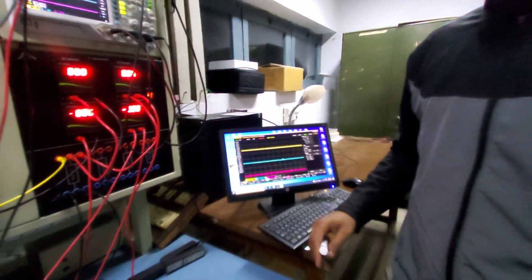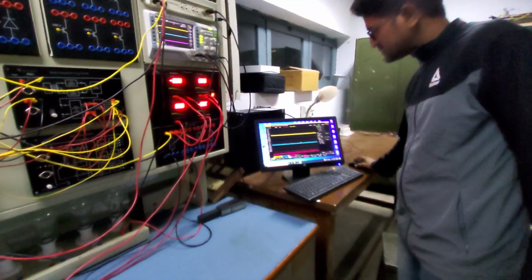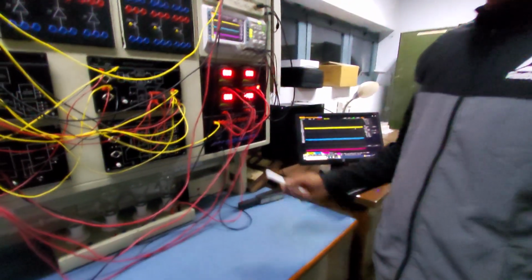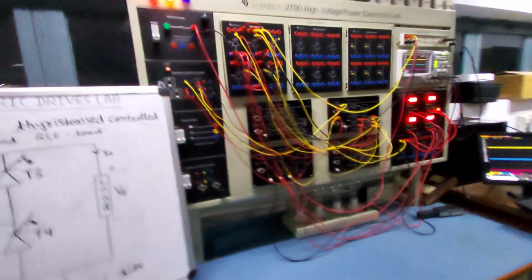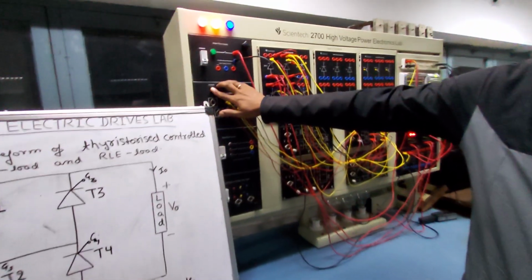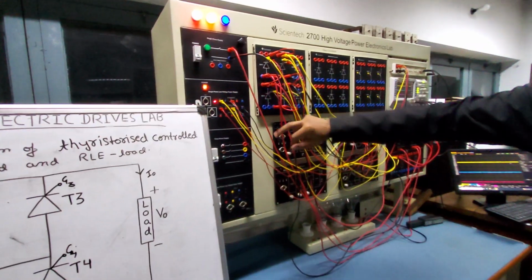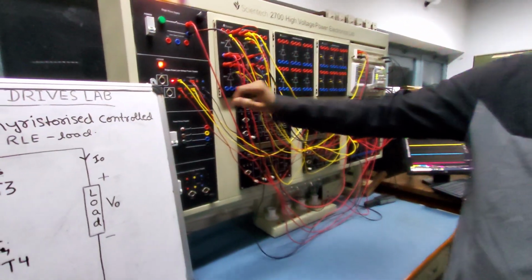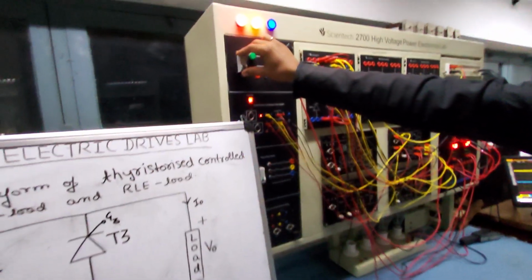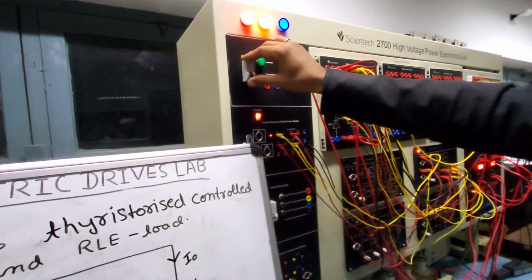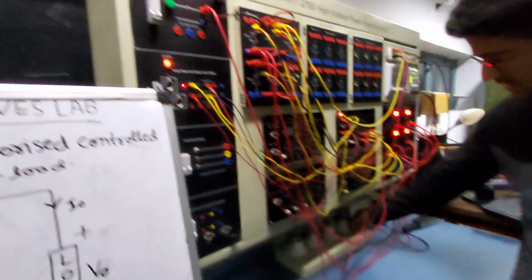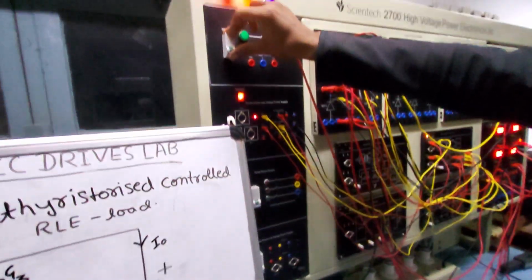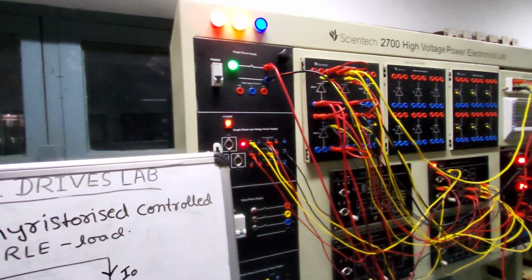Now let us open our setup to see how the circuit works. So now I switch on the power supply. We get a blinking LED over here, the power supply LED, and now I apply the input voltage before I connect the load.